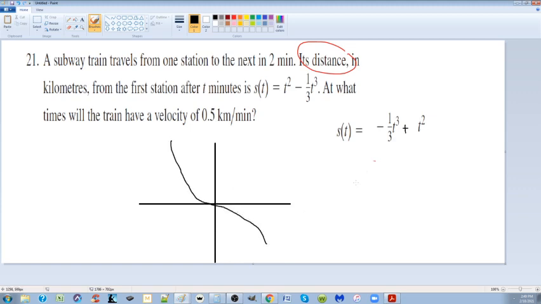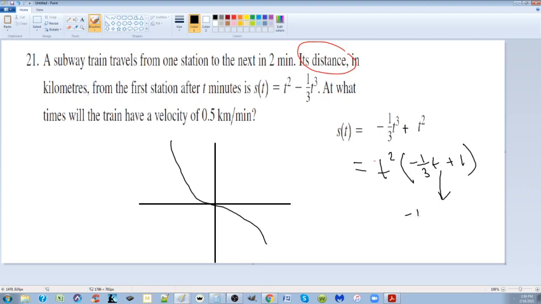We go through the origin. I'd like to see where else I hit some spots here. I'm going to take a t out, and I'm left with t squared. Actually, I'm going to take t squared out, and I'm left with minus a third t plus 1. And that means this is also 0 when it equals 1.